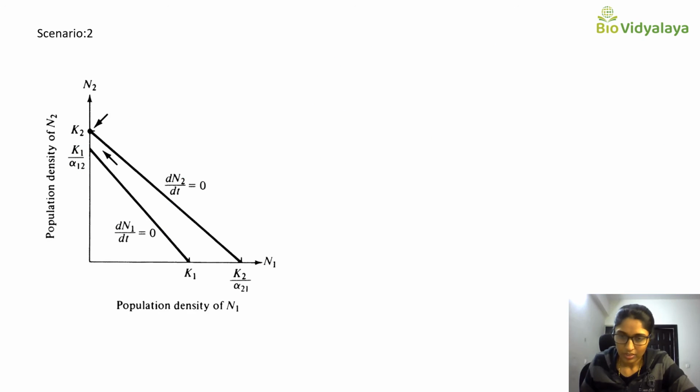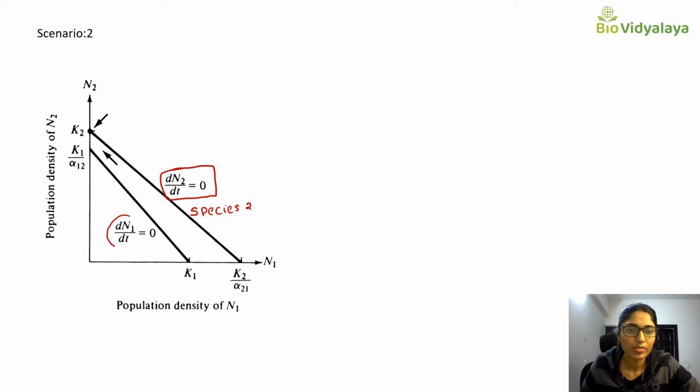Next, scenario 2. So here dN2 by dt is equal to 0, so this is the isocline of species 2, and here dN1 by dt is equal to 0, so this is the isocline of species 1. So species 2 isocline is above that of species 1.